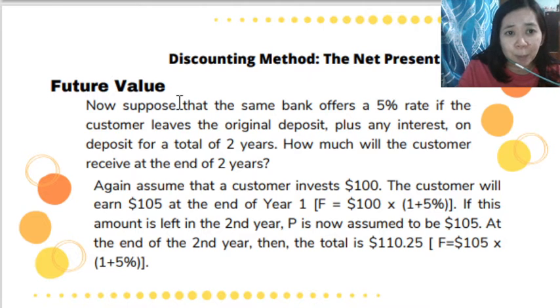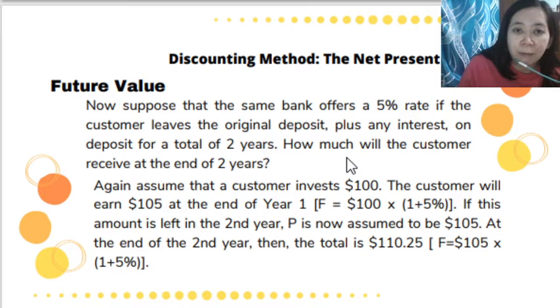Now, to continue, suppose the same bank also offers a 5% rate if the customer will leave the original deposit plus any interest on deposit for a total of 2 years. So how much will the customer receive at the end of 2 years? In our first illustration, that's only for 1 year.